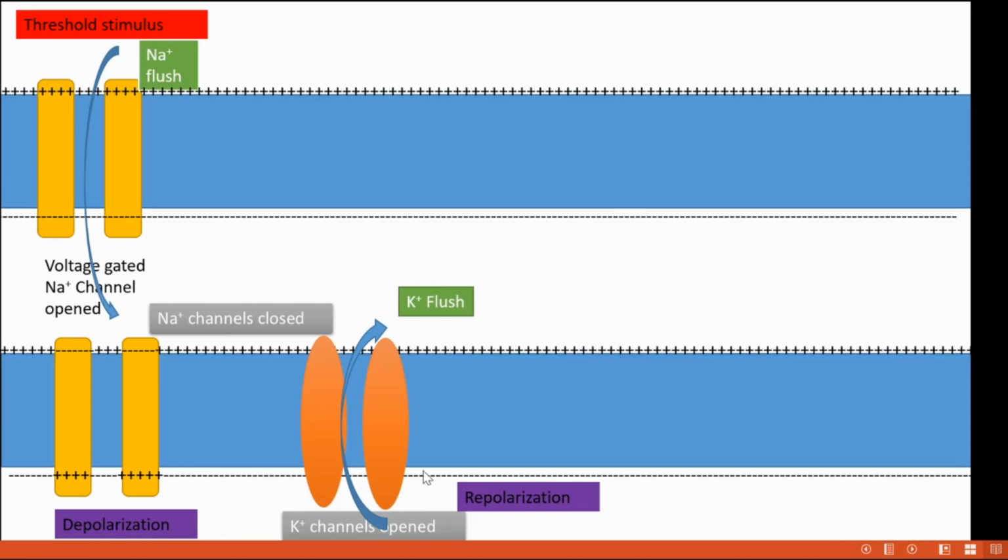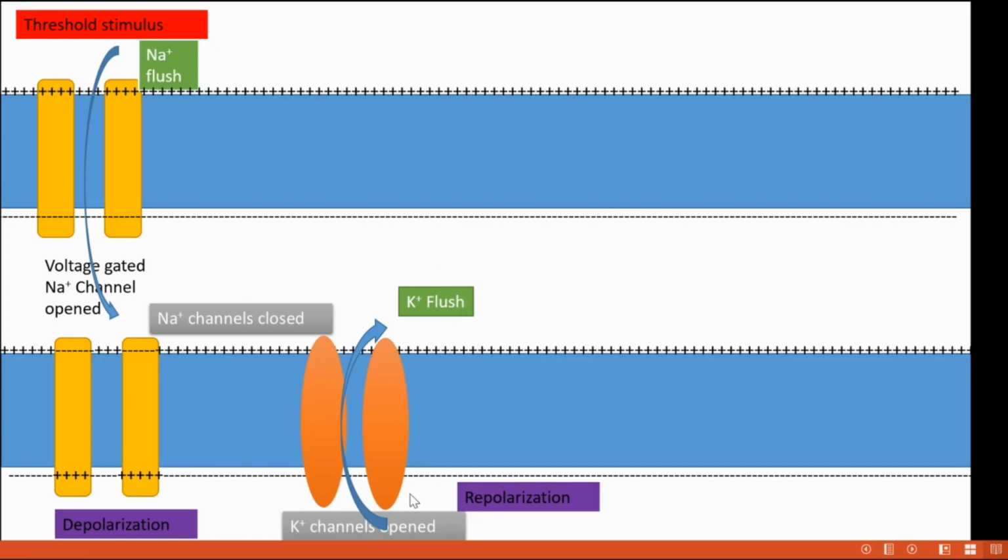And for a short second, when repolarization happens, a peak hyperpolarization occurs because of the overshooting of potassium.